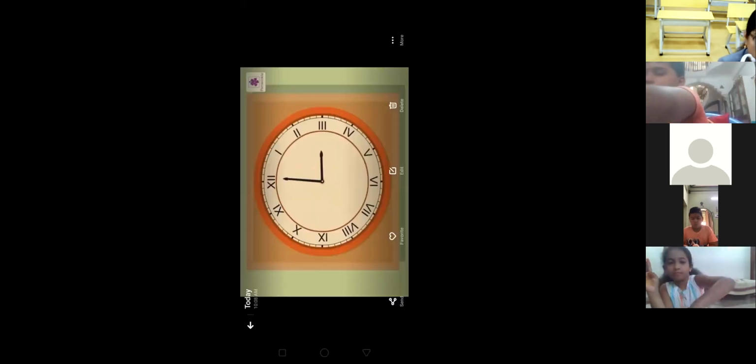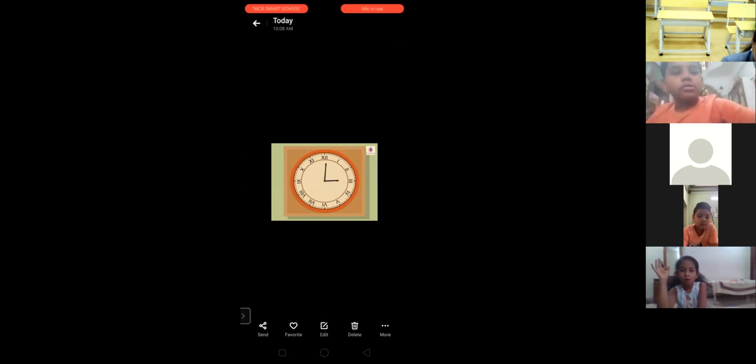On a clock, generally we use numbers, but here are the Roman numerals. Just look over the clock. I will explain how these Roman numbers are used.